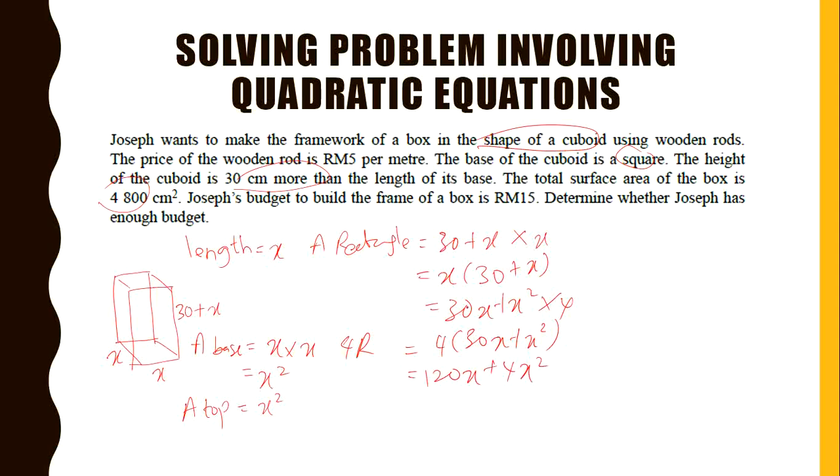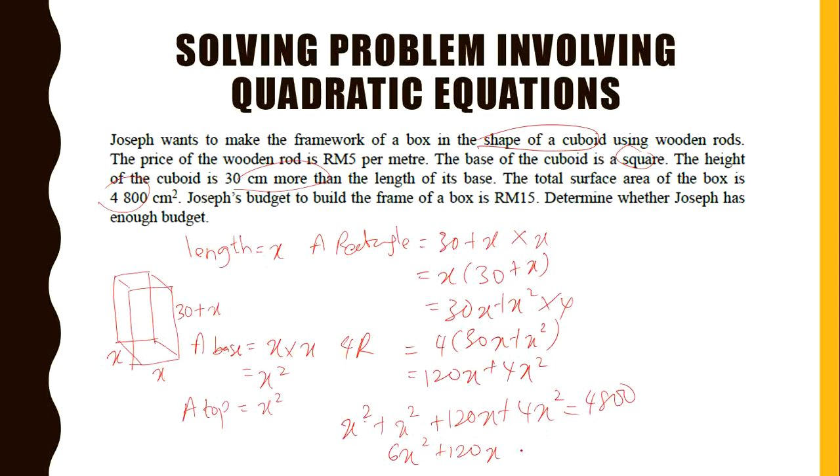Okay, so total surface area dia will be x square plus x square plus 120x plus 4x square equals to, okay, this is the total surface area yang kita kira. Yang ni yang dibagi 4,800. So, kita equalkan dia. So, here will be 6x square plus 120x.